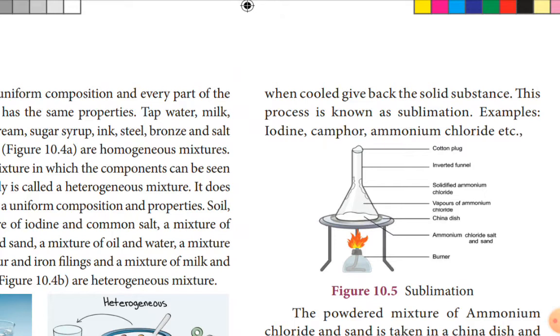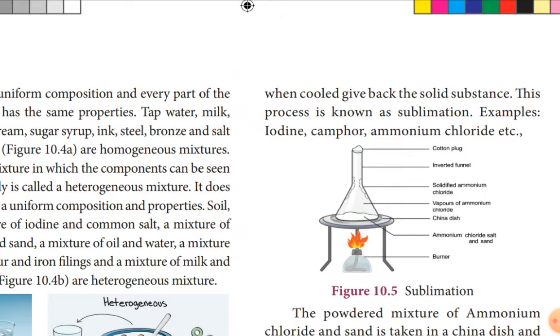So you can easily understand, sublimation is the process of converting solid to gas without attaining the intermediate liquid state. Example: iodine, camphor, ammonium chloride. Or we can write it in a simple form: sublimation is a direct change of state from solid to gas.